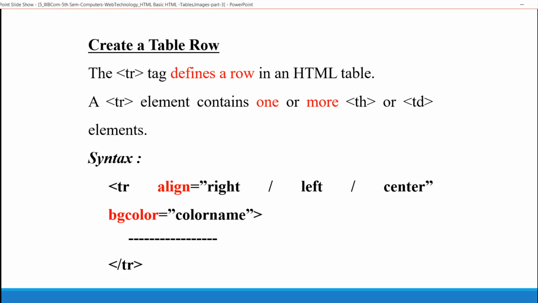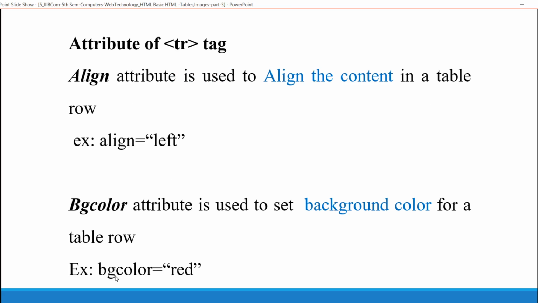See the syntax: tr, align, background color. In this tr tag, we can write the th tag or td tag. Close the tr tag. The attributes used in the tr tag include the align attribute.